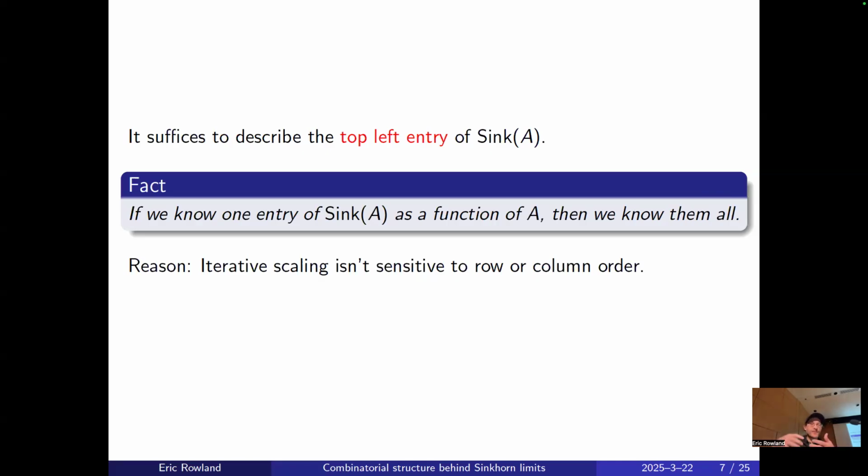When you're scaling the rows and scaling columns, it doesn't matter what order you have the rows in. If you permute the rows and scale, that's the same thing as scaling first and then permuting the rows. So really, we just need a formula for the top left entry of the Sinkhorn limit, because once we have that, you just permute the entries of A in your formula. You get formulas for all the other entries of the Sinkhorn limit.